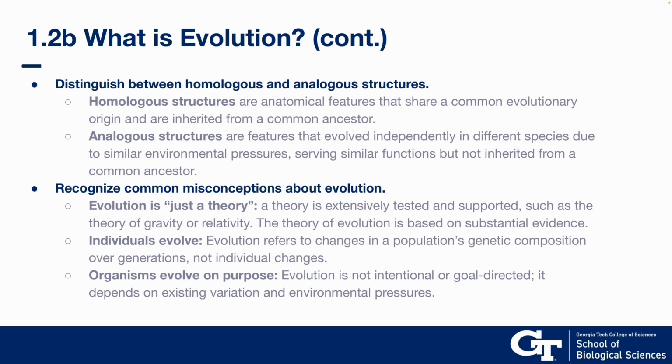Yep. Okay, so moving on to some defining features of evolution. We're asked to differentiate between homologous and analogous structures. So basically, these are asking for a difference in ancestor. When we're looking at homologous structures, these are features that share a common ancestor.